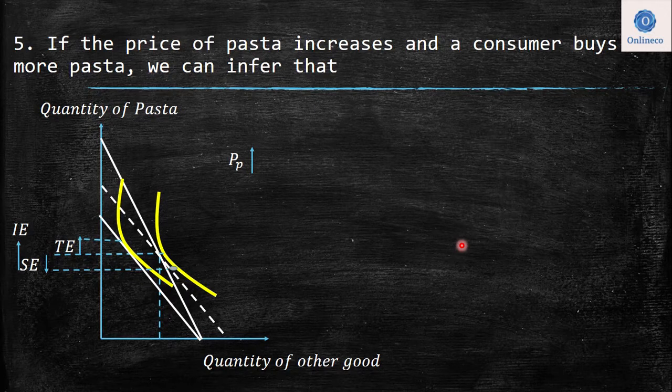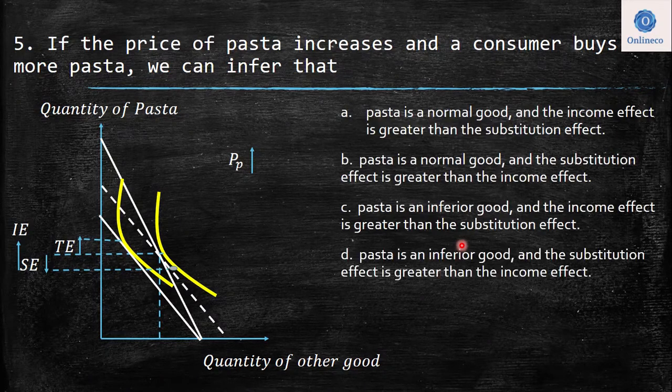So then Giffen could be a synonym of inferior good. So we need to verify the situation in the last two. And the income effect is greater than the substitution effect. That's correct. This income effect is higher than the negative effect that we have here, the substitution effect. So then this should be our answer.